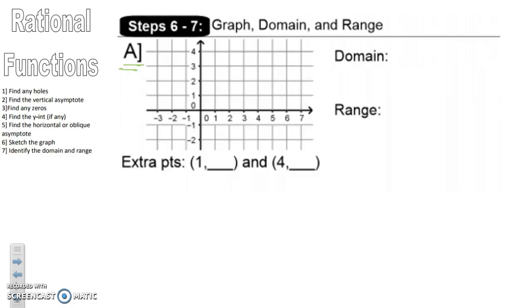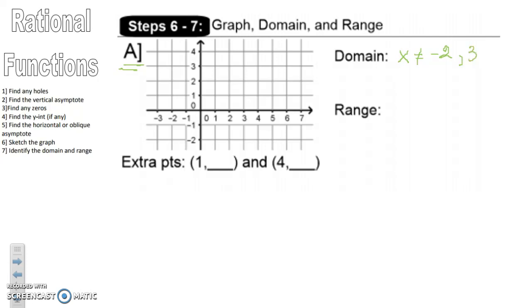When we talk about the domain of this function, well, we cannot have a value at our hole. So in the domain, we cannot have the value of x equal to negative 2, because this was one of our holes. And then we also cannot have the value of our vertical asymptote, which happened at 3.